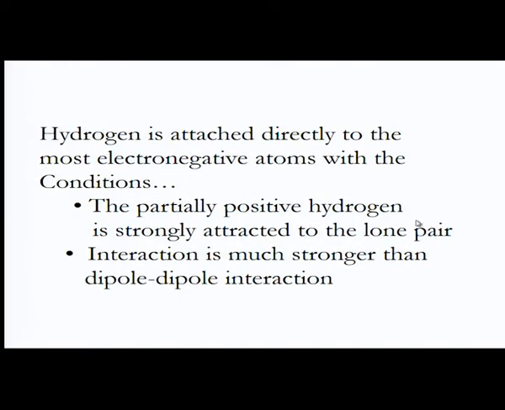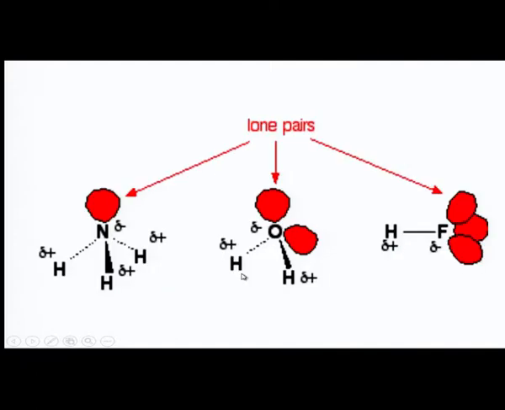The partially positive hydrogen is strongly attracted to the lone pair and the interaction is much stronger than the dipole-dipole interaction. So, this is schematically explained in these figures.